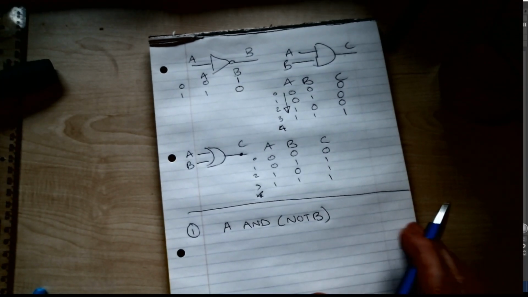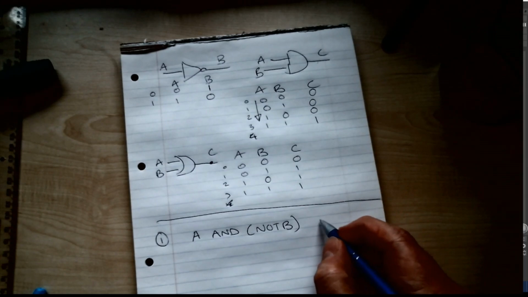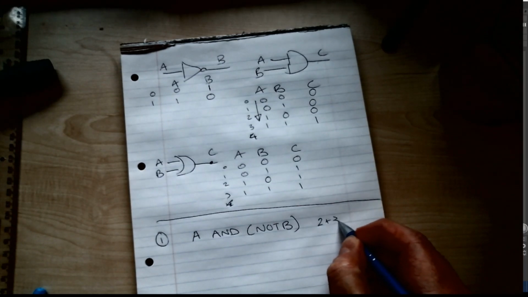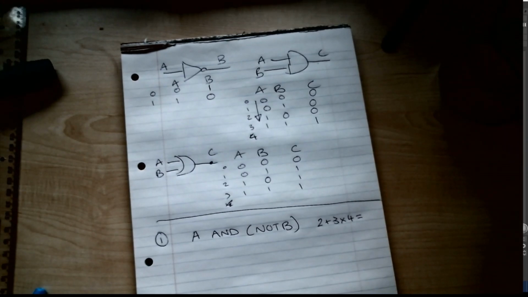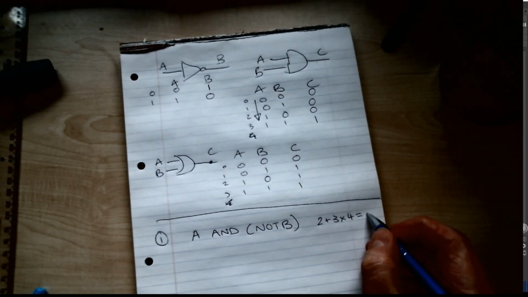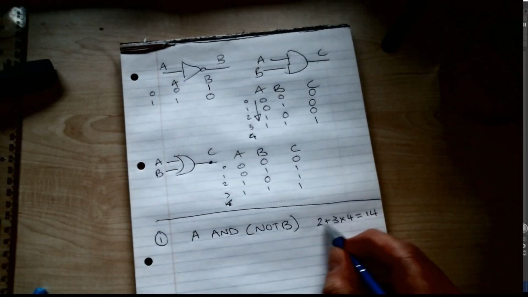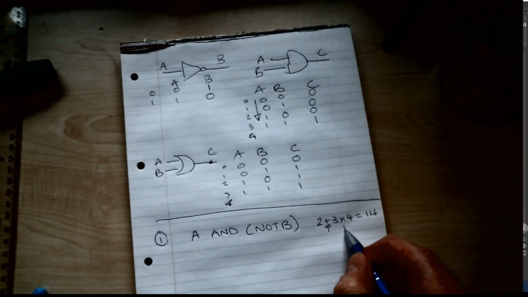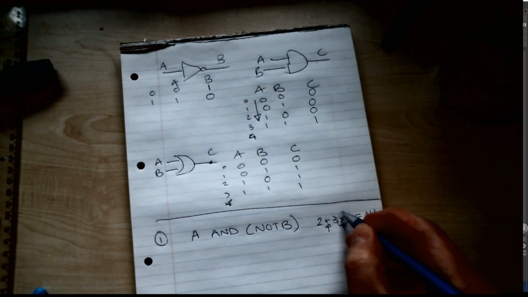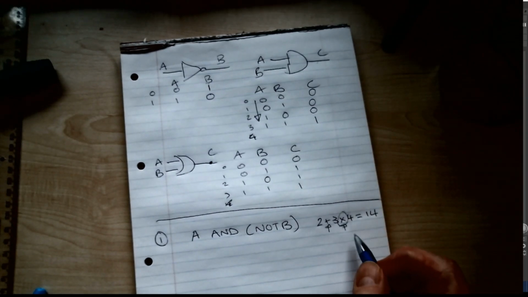Just like in mathematics, if you add 2 plus 3 times 4, I hope most of us would know the answer was 14 or not 20, because we don't do the plus first, because the highest precedence is in the multiplication. We remember that from big maths, and brackets are included.